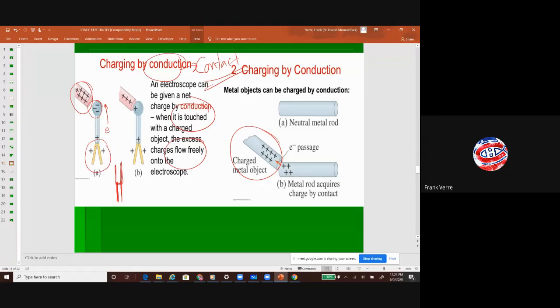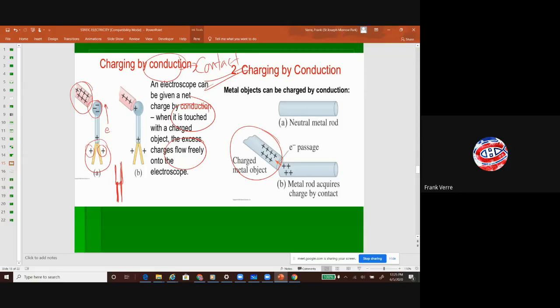And because these two leaves are the exact same charge, it is exactly what happens with the hair standing on your head. Because they're the same charge, they're going to want to repel and move apart.